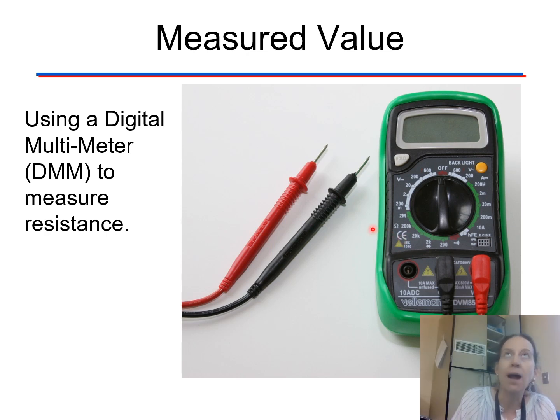What's not always obvious is which of those settings it should be on. If I did it all the time, I'd get more efficient at it. But you can get an idea of what you think you're measuring, set it on what's close, and if the meter isn't giving you the reading you want, move it one to one side or the other and see if you can get a better reading.